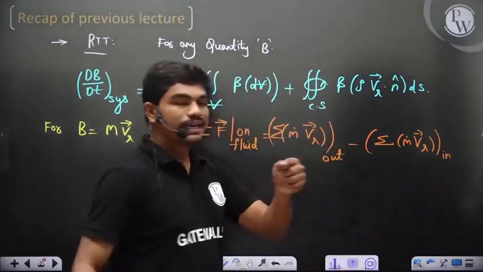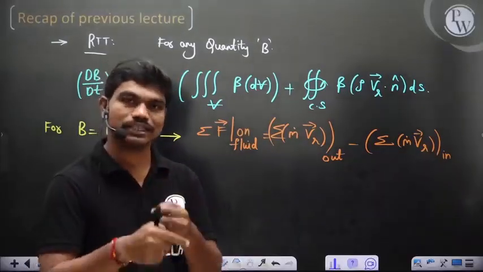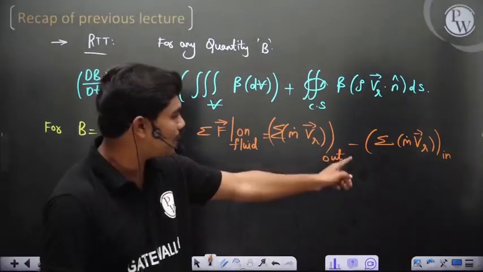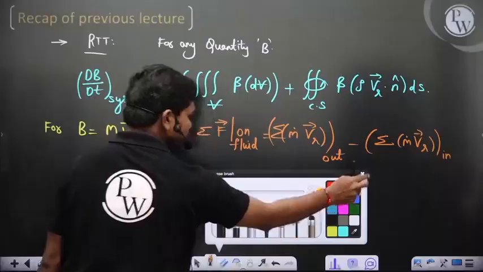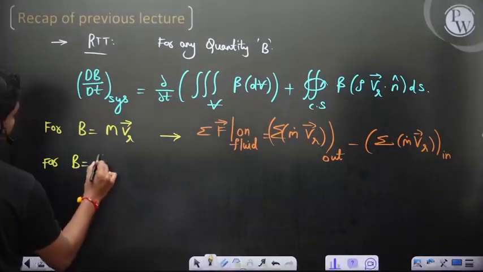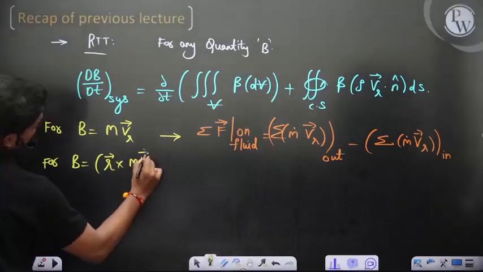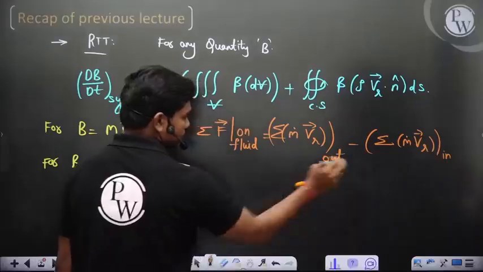क्योंकि एट इनलेट हमने ऑब्जर्व किया था आउटवर्ड नॉर्मल एंड वेलोसिटी आर इन ऑपोजिट डायरेक्शन, सो एंगल 90 से ज्यादा है और जब cos थीटा हमने लिया था सो दिस माइनस साइन इज हियर. ओके, सो माइनस ऑफ समेशन m dot V at the inlet. Similarly when this B is equal to angular momentum, so when this is angular momentum हमने एक इक्वेशन डेराइव किया.